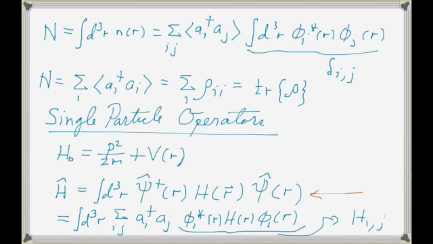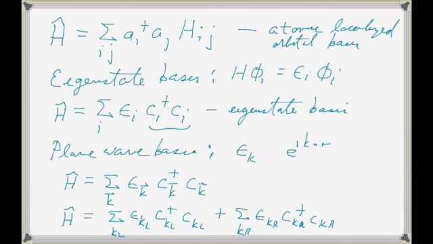And if you go ahead and expand out your field operators in terms of the ai's and aj's, you get the next line down, and you see the integral is just giving your usual Hamiltonian matrix elements that we've been working with forever in the localized orbital representation. And yeah, so this is what you end up with.